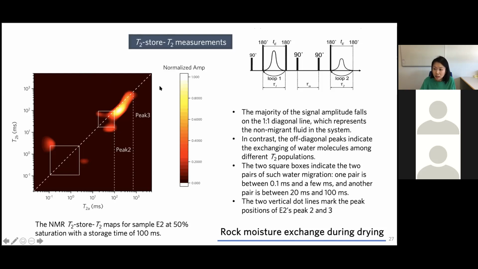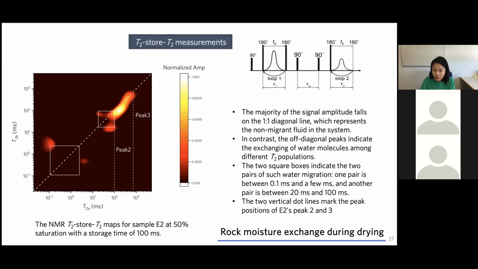So if all the signals are along the diagonal of this T2 map, such as this part here, this suggests that there's no exchange among the water molecules in different environments. The mixing time is much shorter than the exchange time in the system.